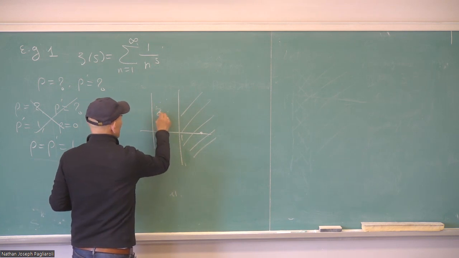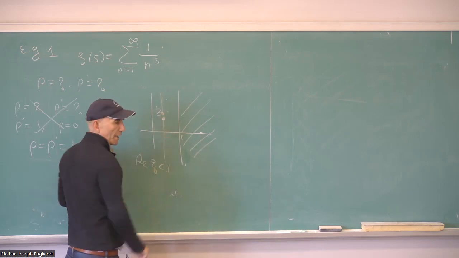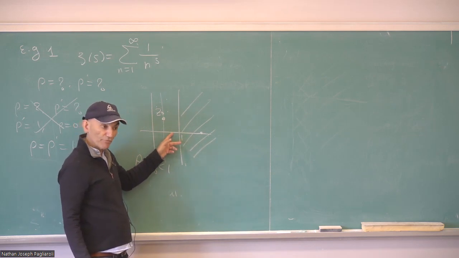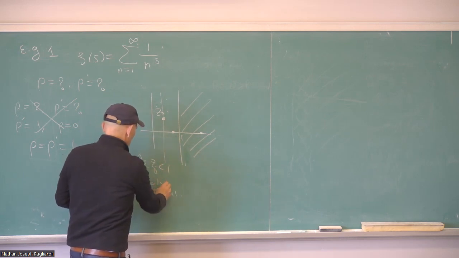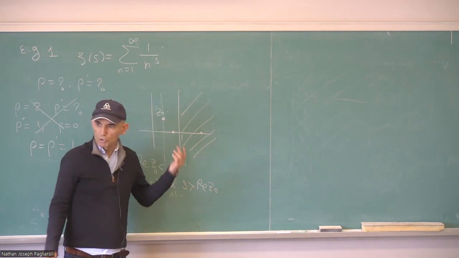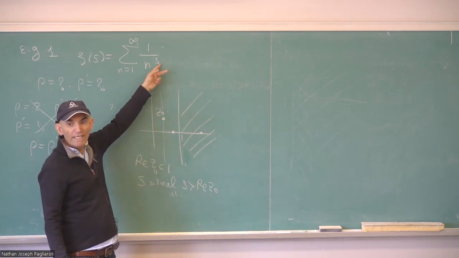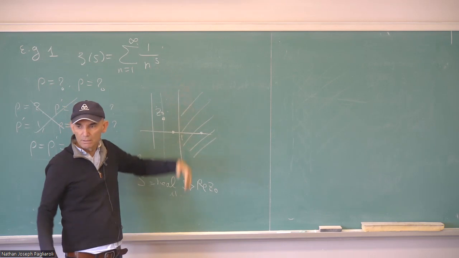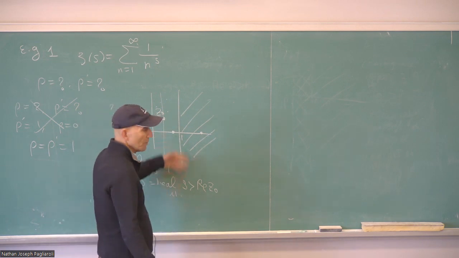If it is convergent at some z0, where the real part of z0 is less than 1, then we know it will be convergent for s real, s bigger than the real part of z0. But this series cannot be convergent for any real s less than 1, by the p-test. So rho is equal to rho prime is equal to 1. That simple observation proves it.